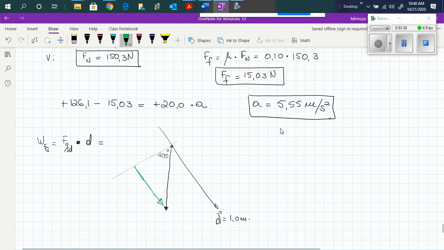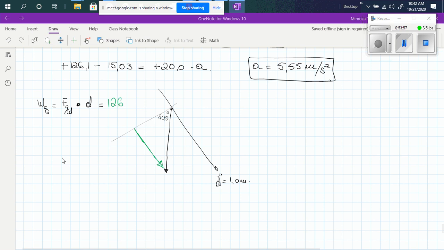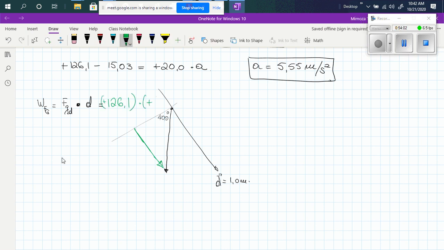So this will be positive 126.1 times positive 1 meter. And this will be positive 126.1 joules. This is the work done by force of gravity.